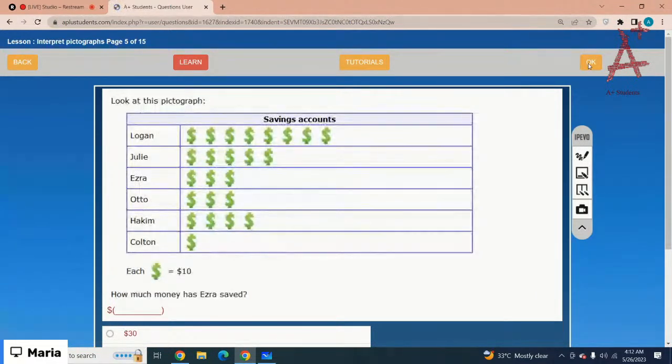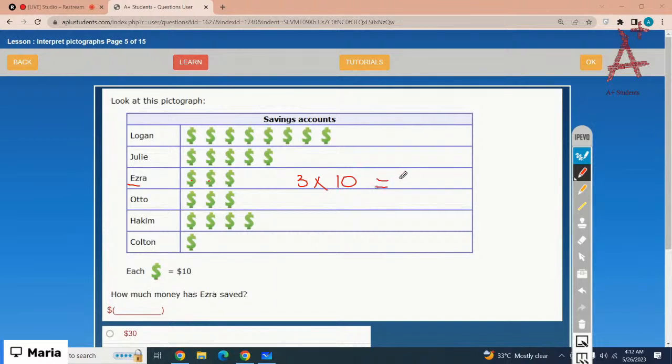Okay, the next one, look at the pictograph. Each dollar equals 10. How much money has Azra saved? Okay, here is Azra. One, two, three. So you have to do 3 times, because each one has 10. So it will be 3 times 10, and 3 times 10 equals 30.